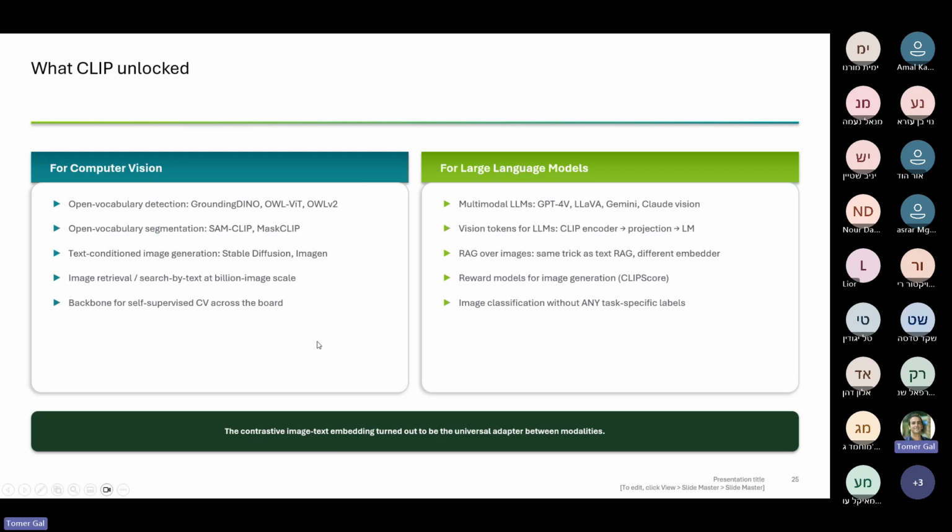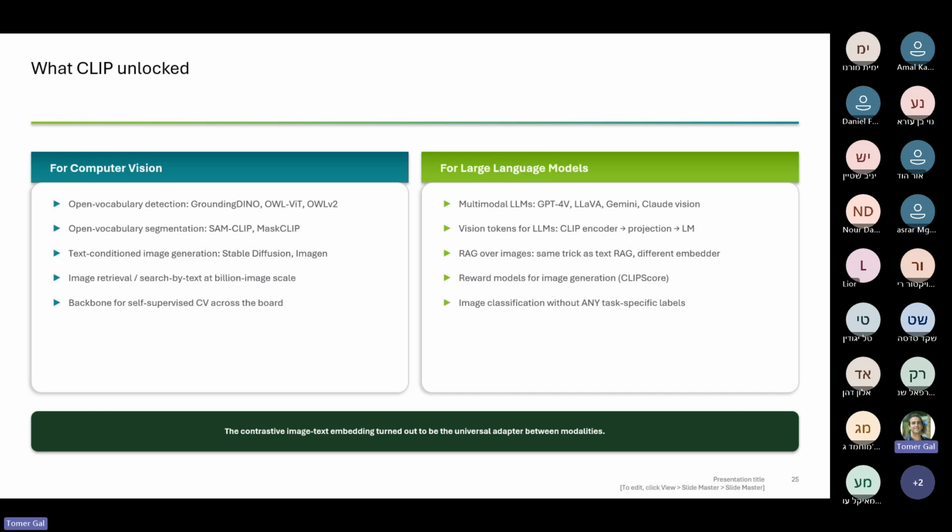Okay, and this is the backbone for self-supervised computer vision across the board. Now for LLMs, the multimodal LLMs, GPT-4V, LLaVA, Gemini, Claude Vision, etc. The vision tokens for LLMs are basically the CLIP encoder, the projection, and the language model.